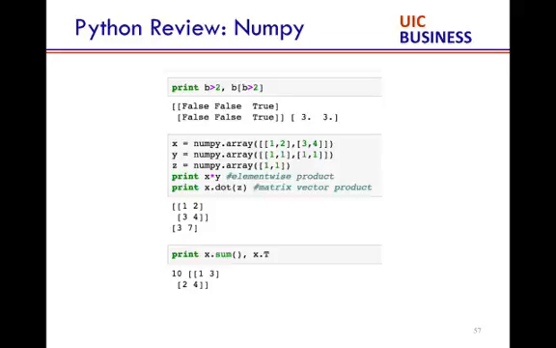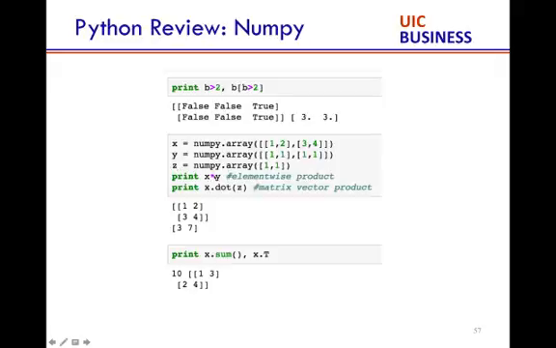once we have matrices and vectors, we have to multiply them, right? So I'm defining two matrices, 1, 2 in the first row and 3, 4 in the second row. And the second matrix has 1, 1 in the first row and 1, 1 in the second row. And I'm also defining a vector which has two coordinates, 1 and 1.